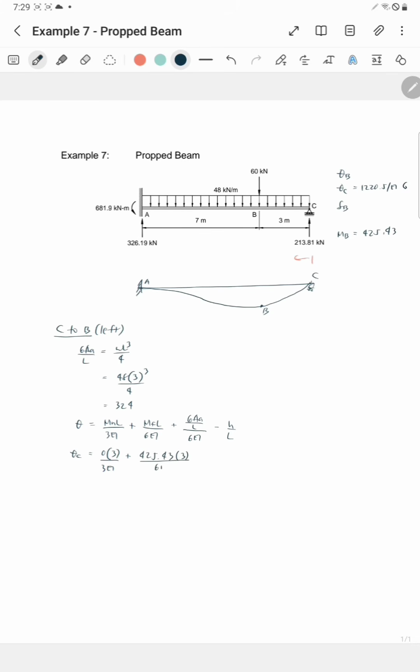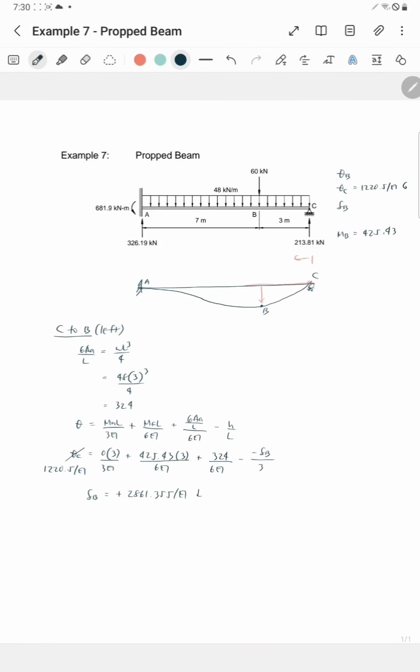The length is 3 over 6EI, plus 6A over L, 324, over 6EI, then minus H over L. So for H, we make a horizontal line from C to B and measure the vertical distance towards B. The direction of the vertical distance is downward, so negative, and the vertical distance at B is the deflection at B. And since we already computed theta C earlier, 1220.5 over EI, we can now solve for the deflection at B. So the deflection at B is equal to positive 2,861.355.